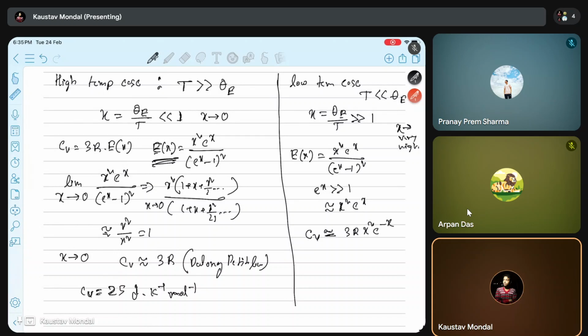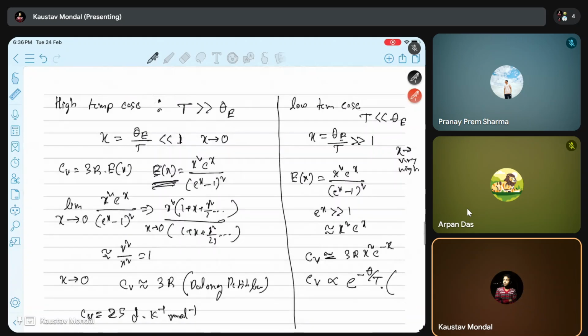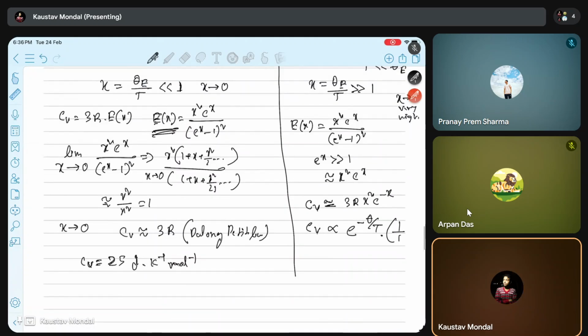As you can see, CV depends upon the exponential of minus theta E by T. This is for low temperatures.